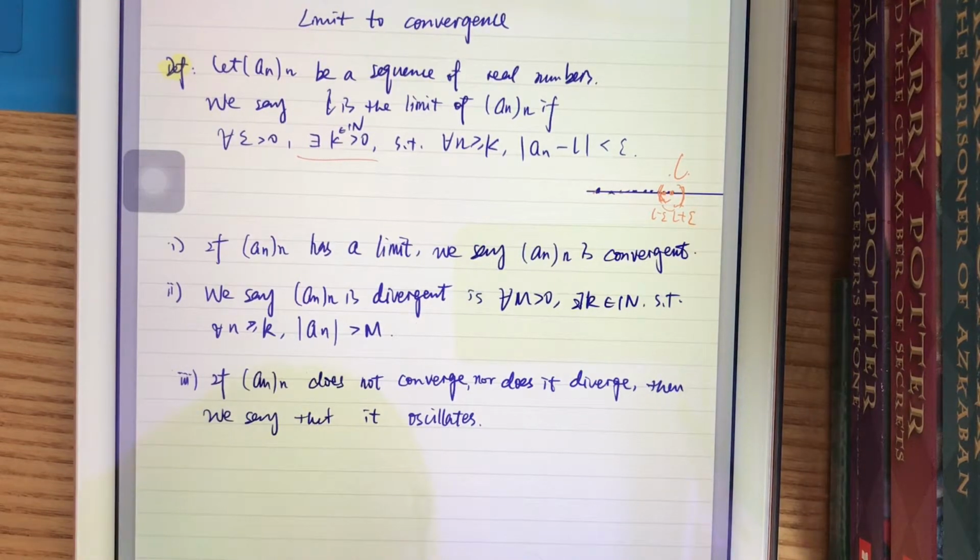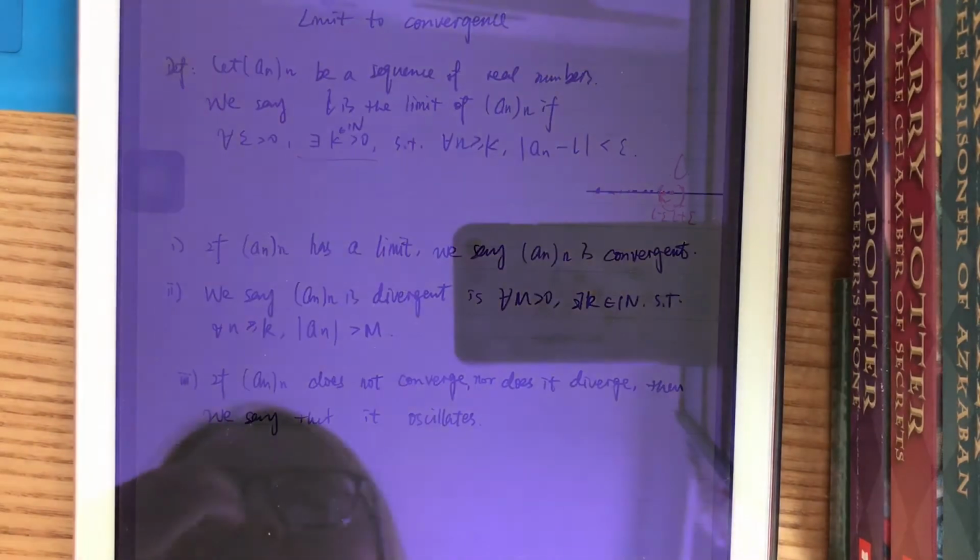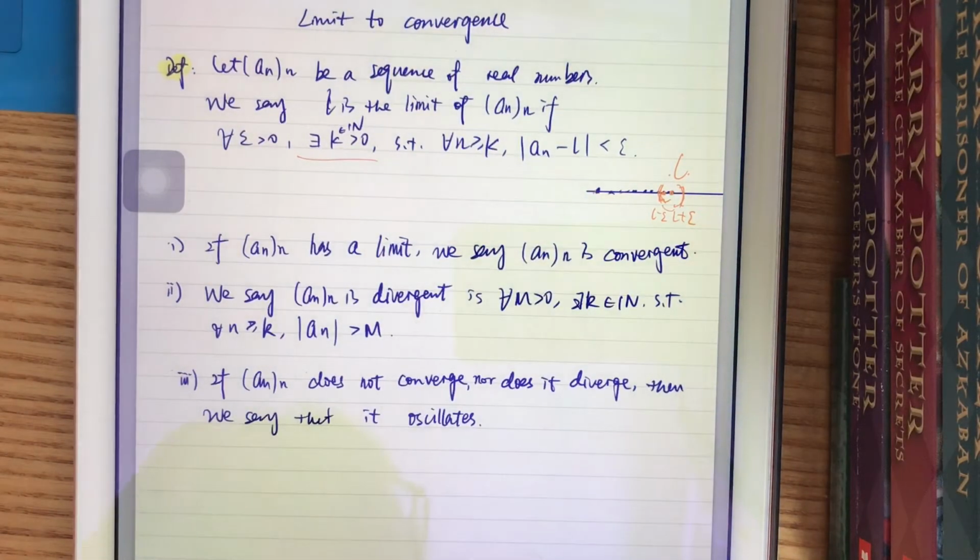So for convergence, if a_n has a limit, then we say that a_n is convergent. When I studied this definition of convergent, I was quite puzzled by these two definitions.